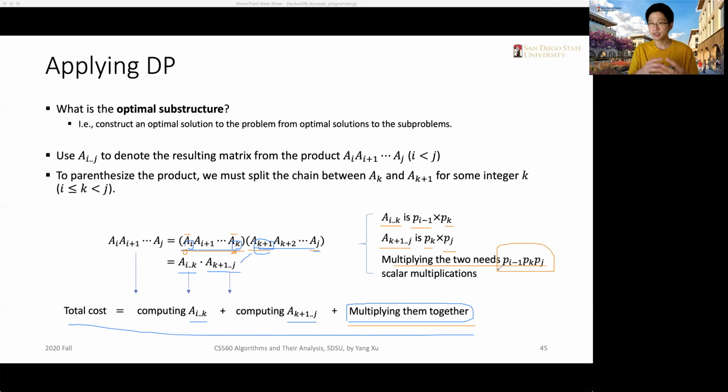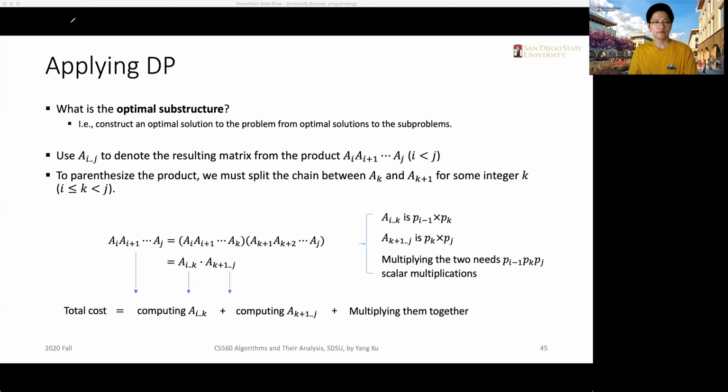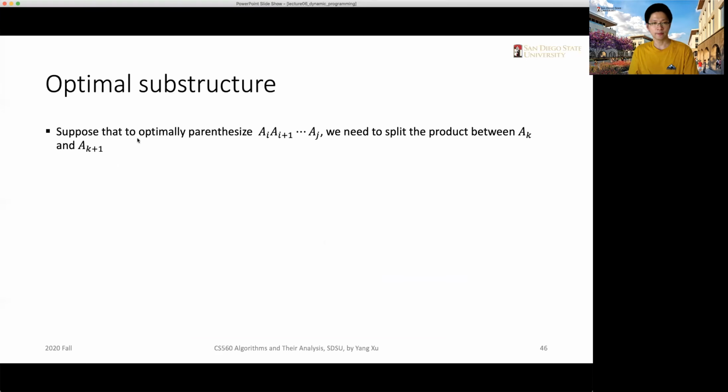So this is exactly the quantity of P times Q times R in order to obtain the multiplication between these two matrices. Okay, so we can write the cost of multiplying the resulting two matrices by this expression. And then we can further formalize the problem.